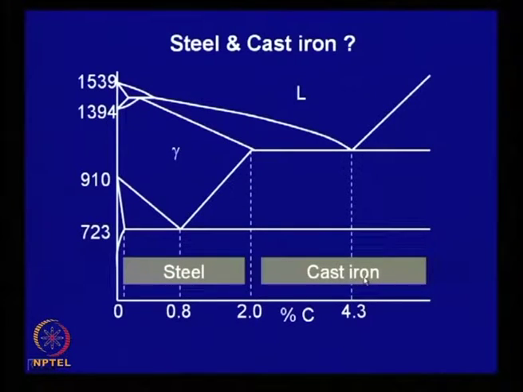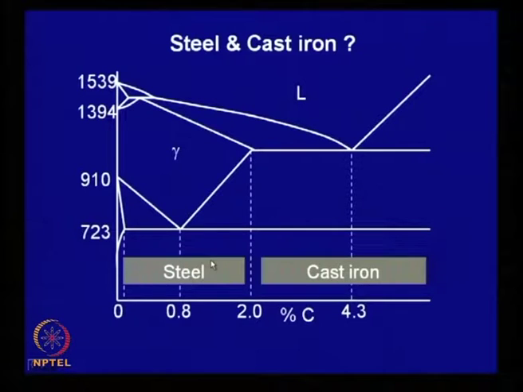And later on we will see that as you increase the carbon content in the alloy, the stability of cementite decreases, and it can get decomposed into iron and graphite. At that time the diagram will change slightly and we will come to it a little later, but for the time being let us concentrate on this particular type of diagram.